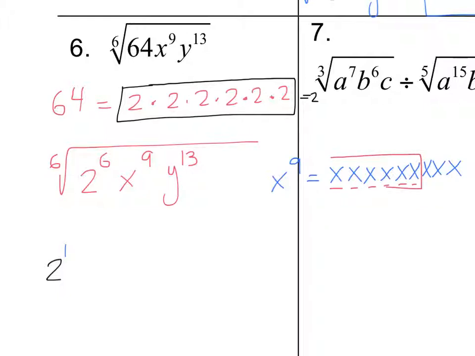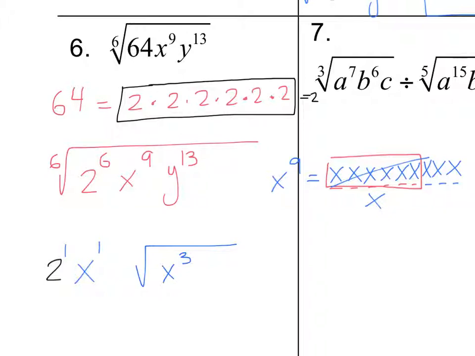So I have one group of 6 x's, so I'm going to write x to the 1st, since I only have one group, so only one x will be leaving the radical. As for these 1 2 3, as you can see, there's no group of 6 x's, so what you can do is you leave these inside the radical. So x to the 3rd will be staying inside the radical. Okay, so this is one method to do it.